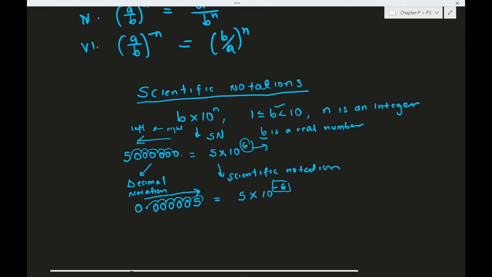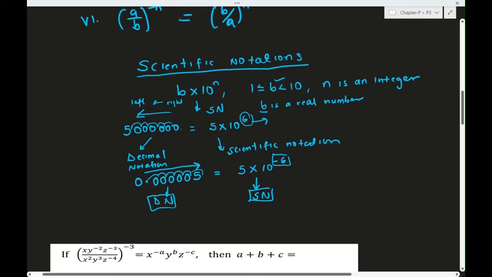So these are the two types: we have scientific notation and we have decimal notation. Don't forget that this number is in decimal notation, but this is in scientific notation.